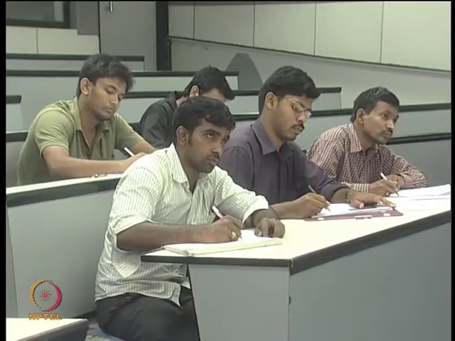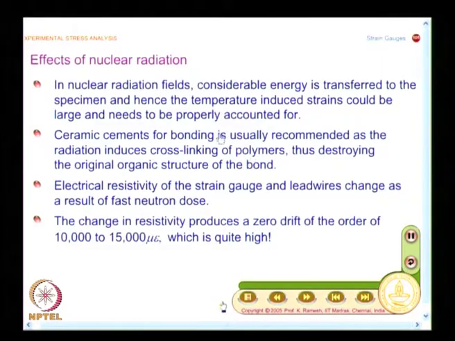The other aspect is, you should also look at what kind of cements you use for bonding. You cannot go and use polymeric adhesives, you need to go for ceramic cements. This is a peculiarity when I want to work in a nuclear radiation environment.